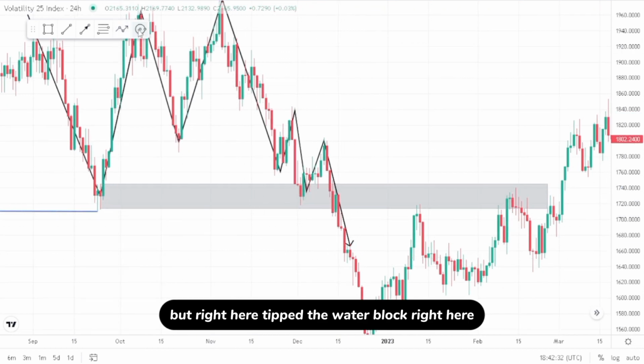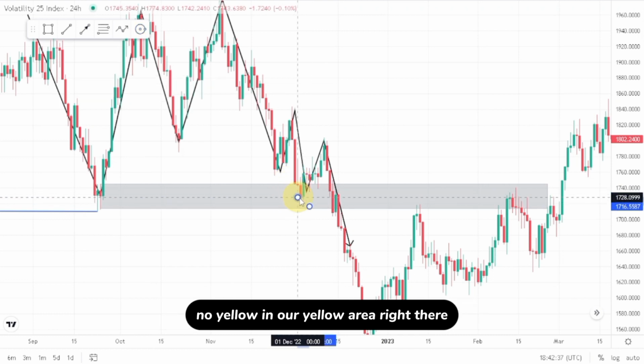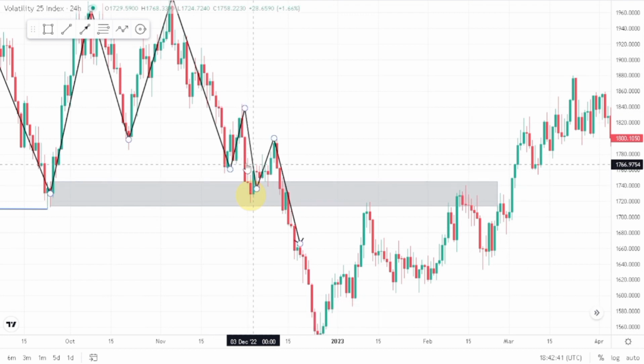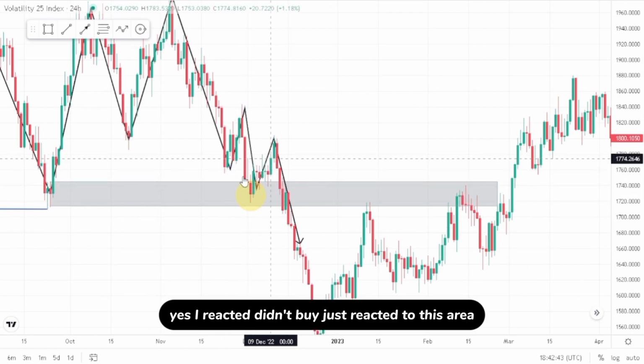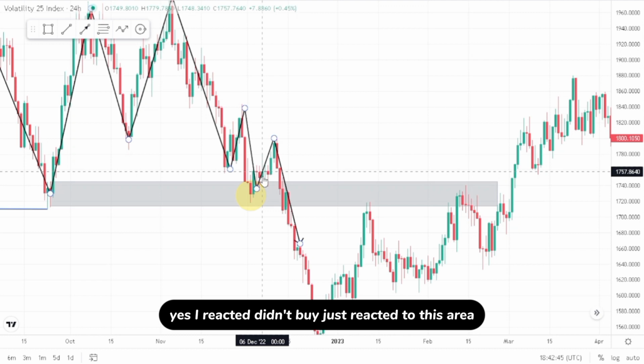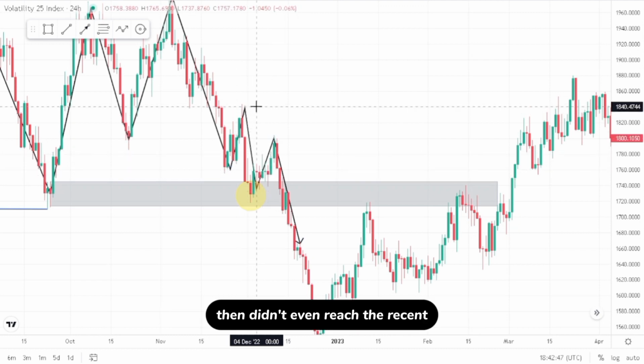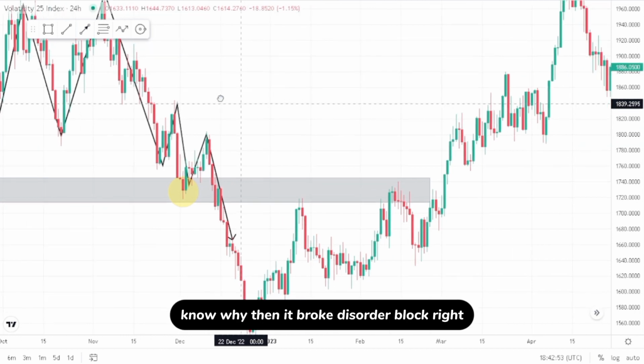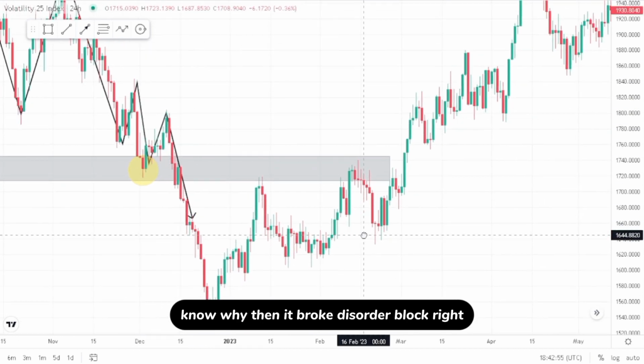But right here, it tapped the order block in our yellow area, and it just reacted. It didn't buy. Just reacted to this area, and then it didn't even reach the recent lower high, and then it broke this order block, right?